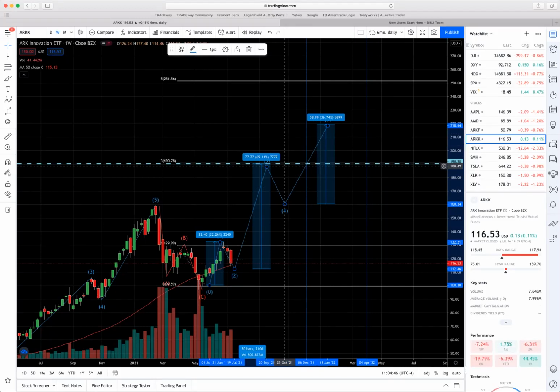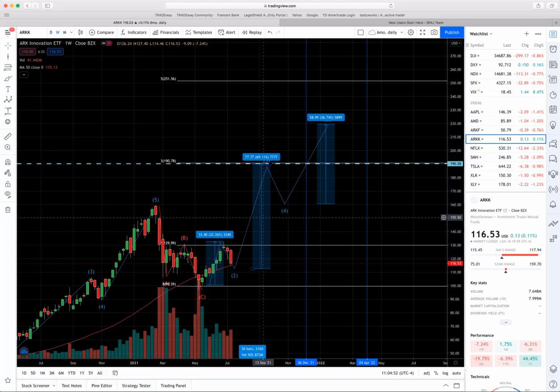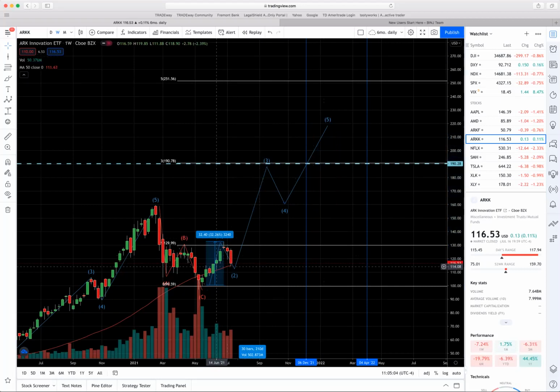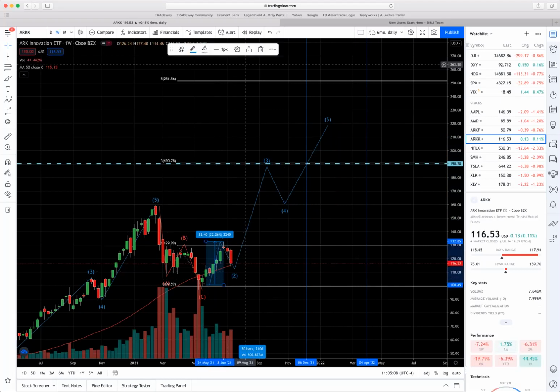But again, the purpose here was to show grand cycle Fibonacci, give you the base frame, a little bit of the Elliott wave, but show you the grand cycle Fibonacci to say, hey, this is why I'm having this price target of about 189, and I'm giving it until April of 2022. If you're in that on a long-term option play, then you're happy, especially if you enter down here at the 100 price range.